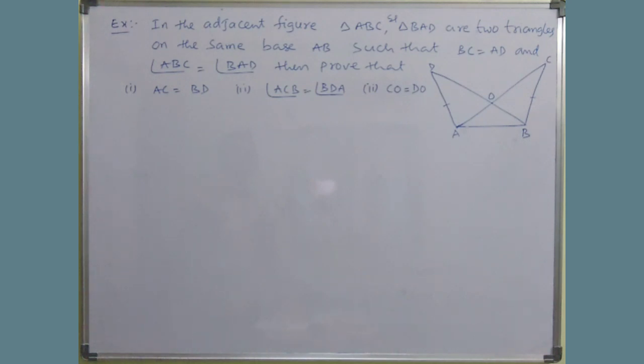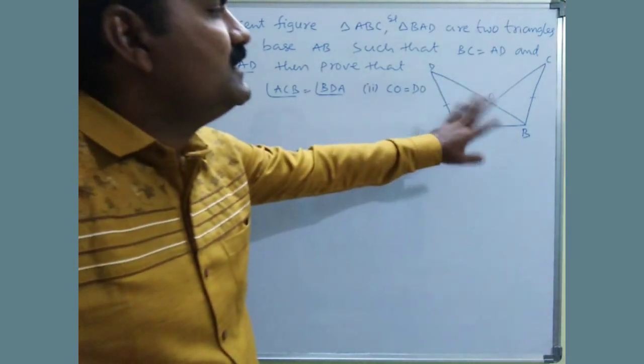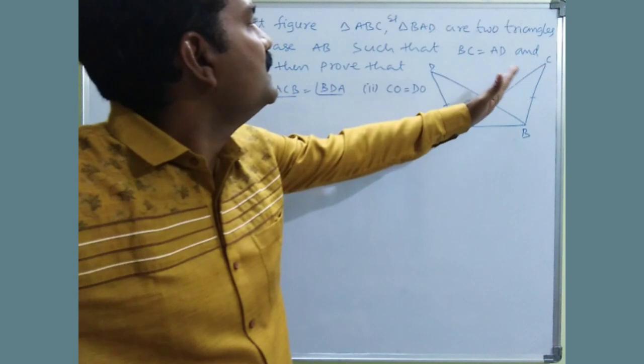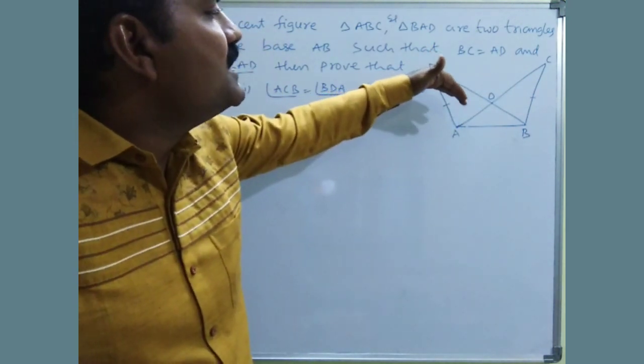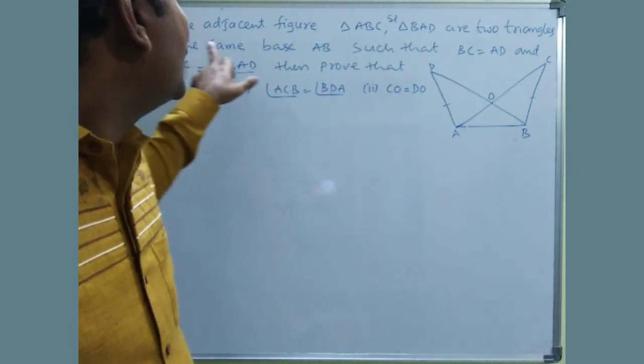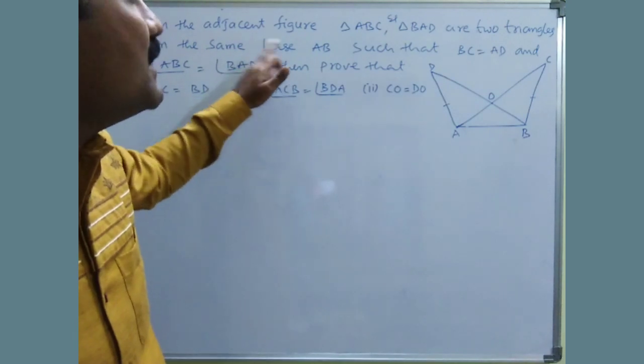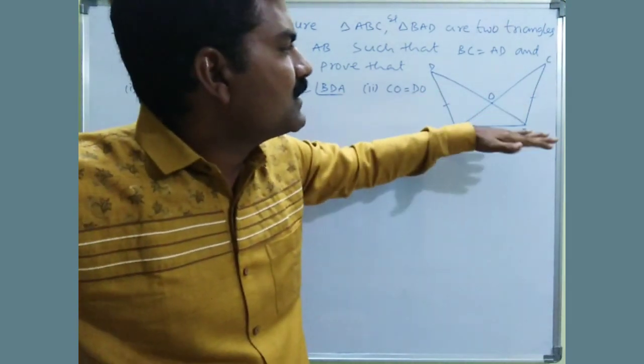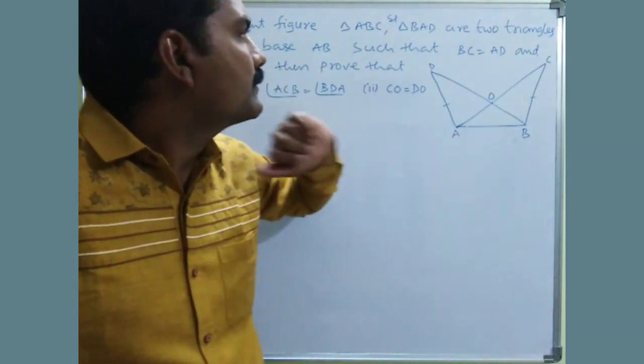So for example, here in the figure, see triangle ABC. There are two triangles here. One is triangle ABC, and the other one is triangle BAD, two triangles on the same base AB.